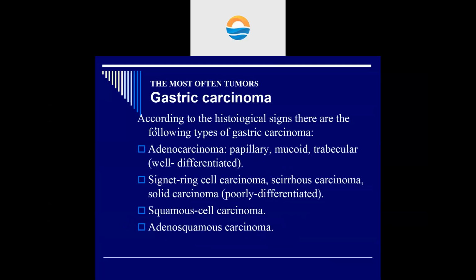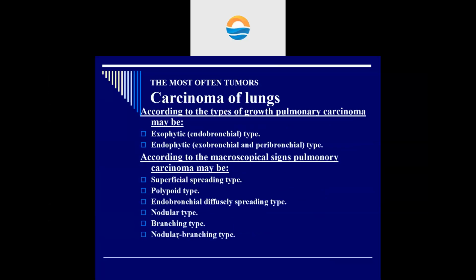The most common tumor types are papillary, mucoid, trabecular, well-differentiated adenocarcinoma. Also, we can see signet ring cell carcinoma, serous carcinoma, solid carcinoma. All these are poorly differentiated cancers. We can diagnose squamous cell carcinoma and adenosquamous carcinoma.